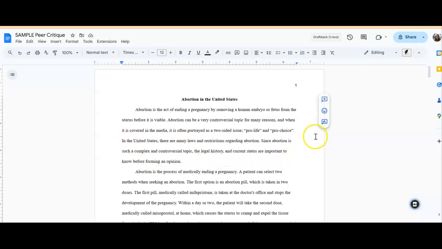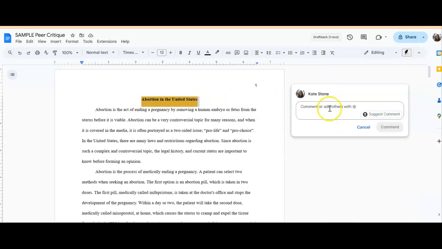Since you have not read this whole essay, I will go ahead and make this one sentence comment myself. You can maybe just highlight the title of the essay. Once you have highlighted the title, then you can put in your one sentence, here is what this essay is about, right?